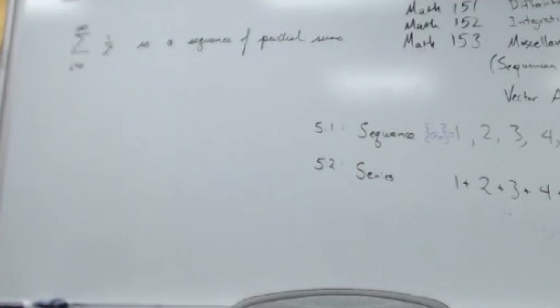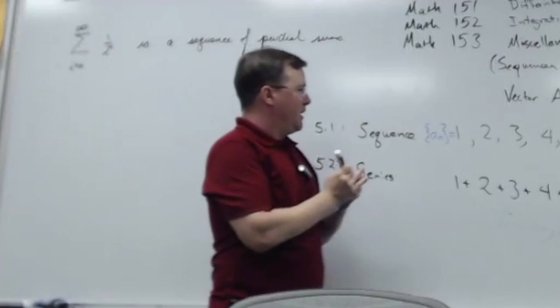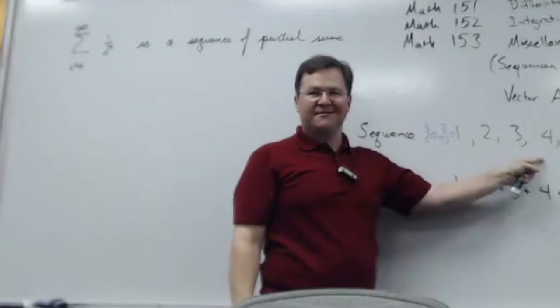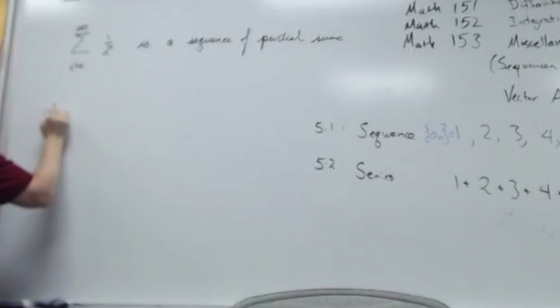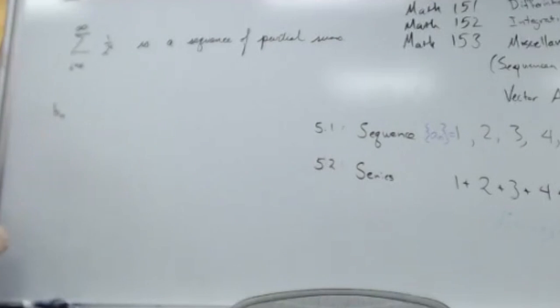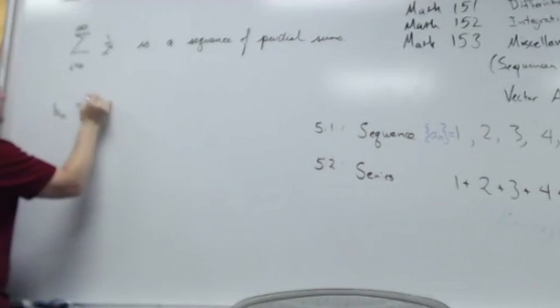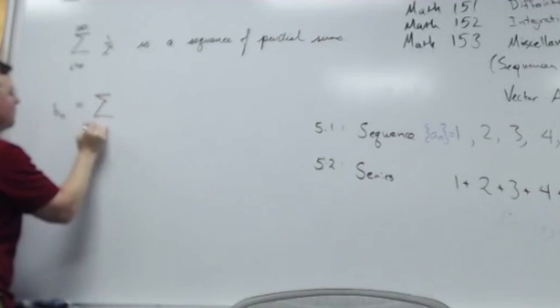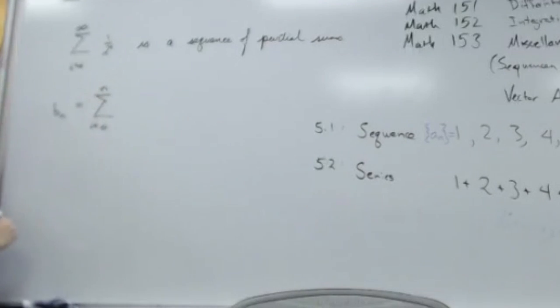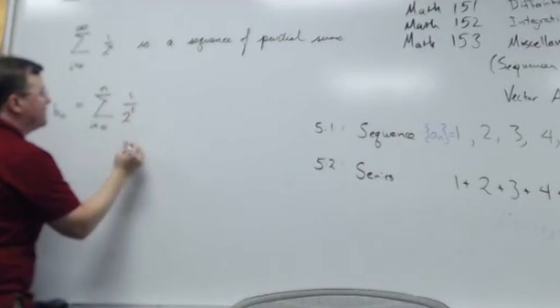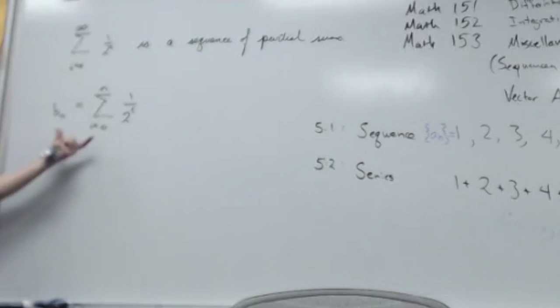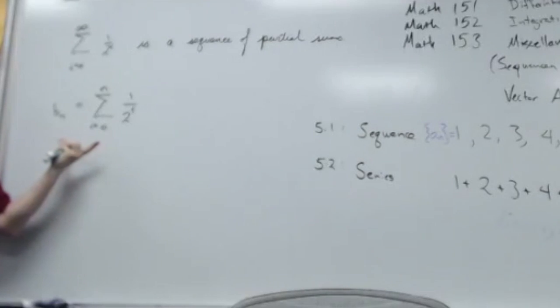And by that I mean this. It means that I have in mind a list of numbers. I'll call this sequence B. B_n is going to be the sum from i equals 0, not to infinity, but to n, of 1 over 2 to the ith power. And this right here defines a sequence.